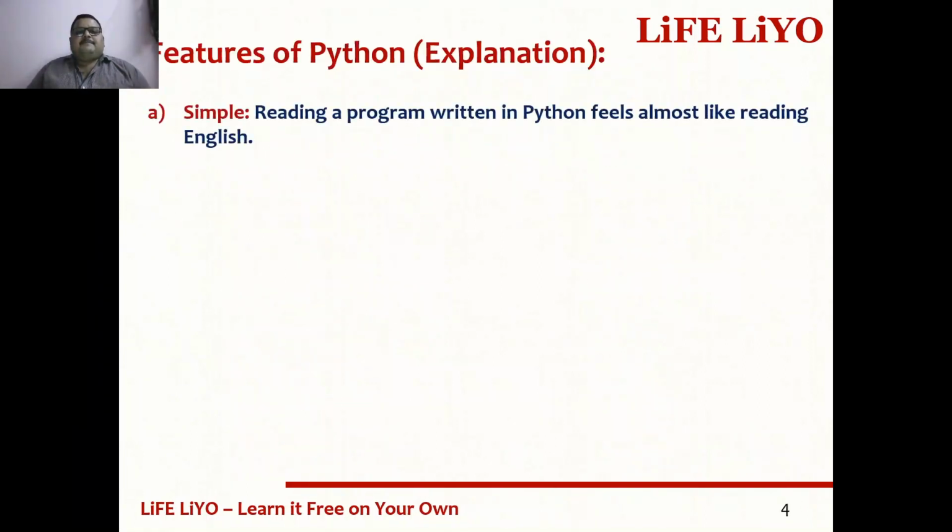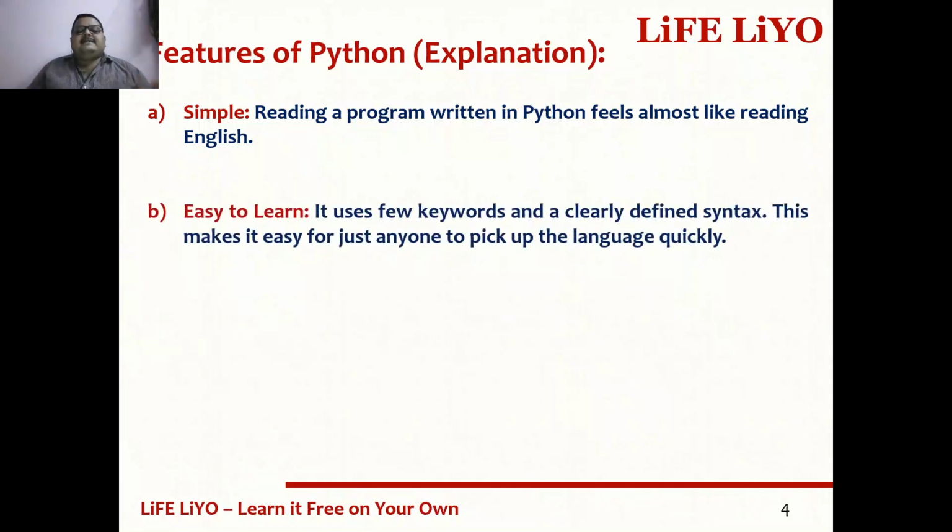Now first one, simple. The feature simple in Python means any program written in Python will be as simple as reading normal English language. So any program which we write in Python will be the same as the English language. That's why it is called simple.